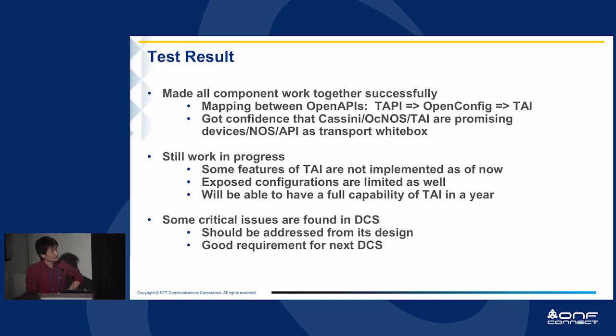Unfortunately, some of these issues are derived from its architecture or its basic design, so it is needed to address them from the basic design, and we are now considering implementing dynamic configuration subsystem 2.0.